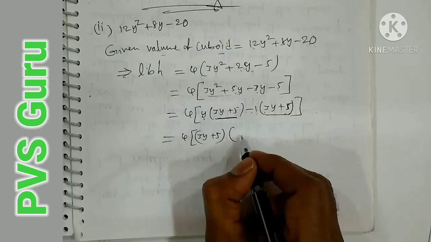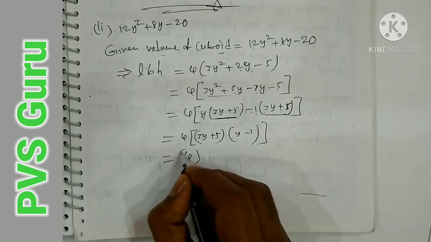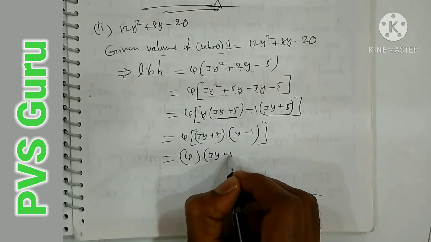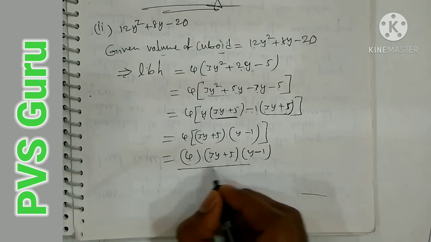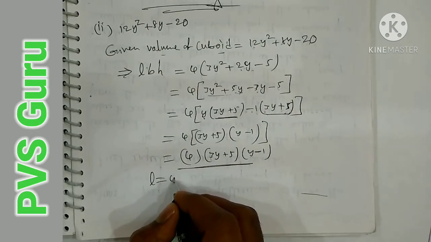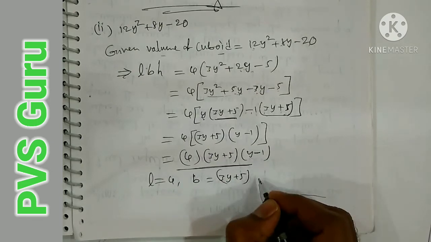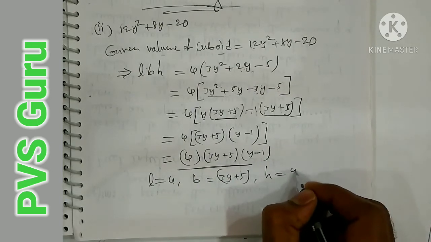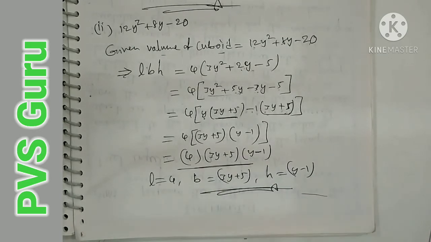Remaining terms are y minus 1. So therefore it is equal to 4 into 3y plus 5 into y minus 1. So these are the 3 dimensions of the cuboid, that is length, breadth and height.